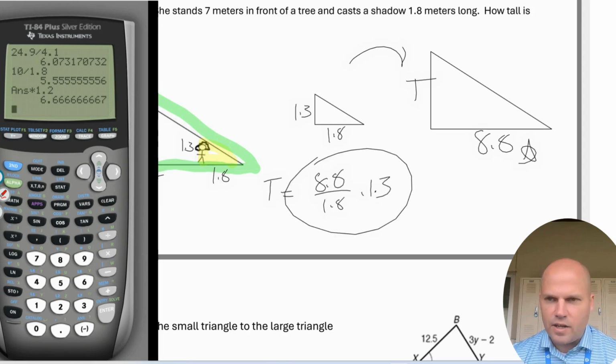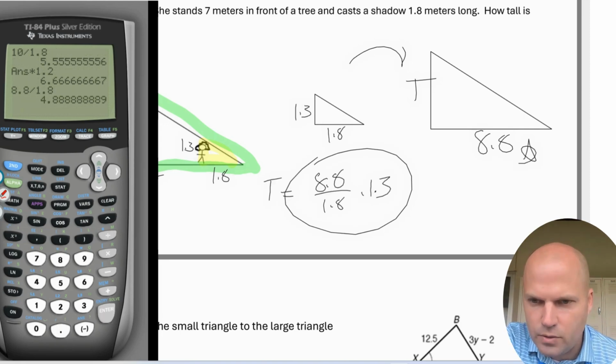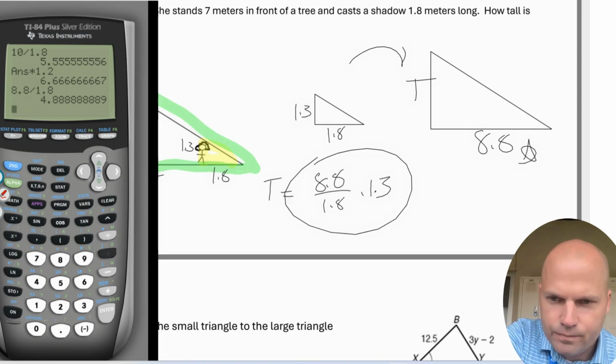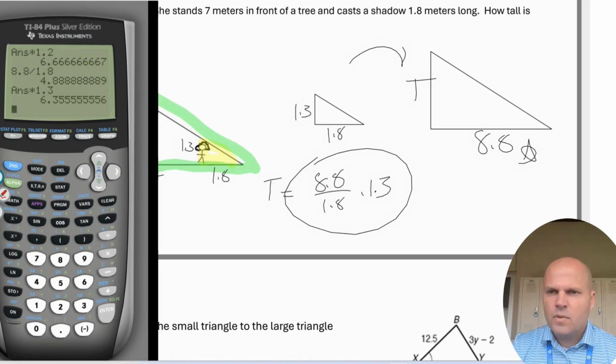Should be your calculator ready form. If you have a calculator, 8.8 divided by 1.8. You could also set up a proportion and solve if you wanted to, times 1.3, and you get 6.355.